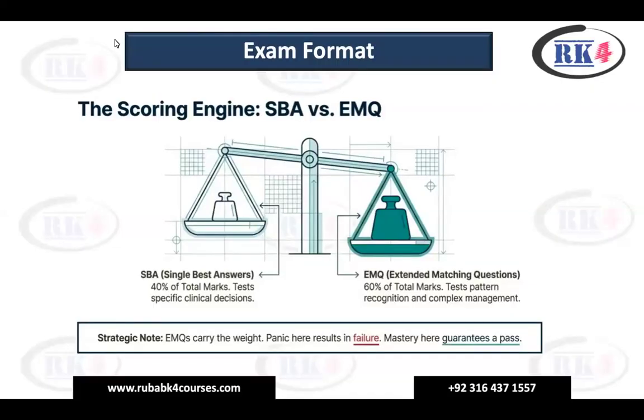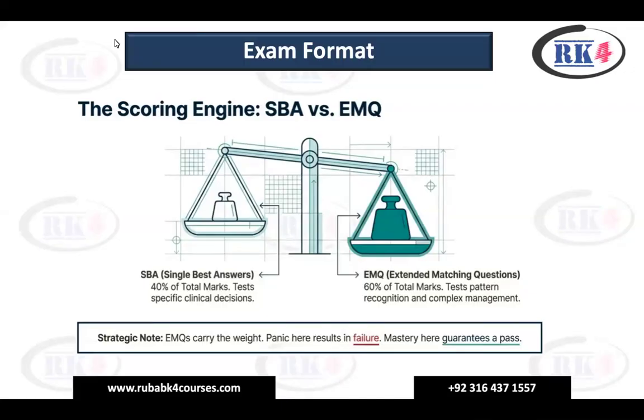Single best answers are very straightforward questions. They are testing your facts. Like when you read a guideline, in the beginning there is an epidemiology portion. They have given you some prevalences, incidences, some numbers, some facts which are related to the disease or the condition. So most of the time, those things are tested in single best answers.